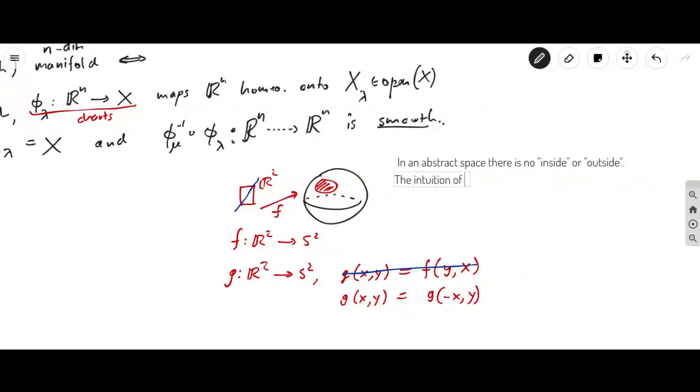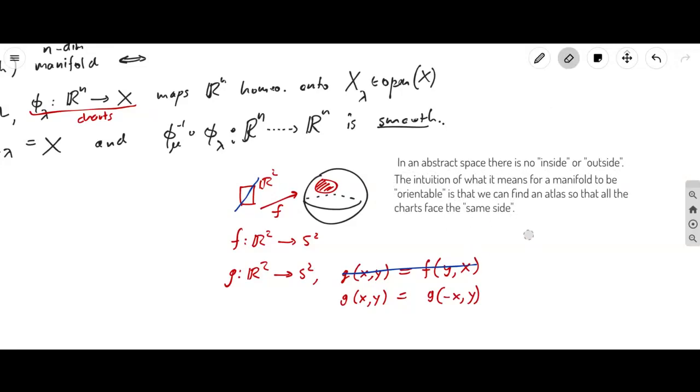The intuition of what it means for a manifold to be orientable is that we can find an atlas so that all the charts face the same side. We want them to face the same side.